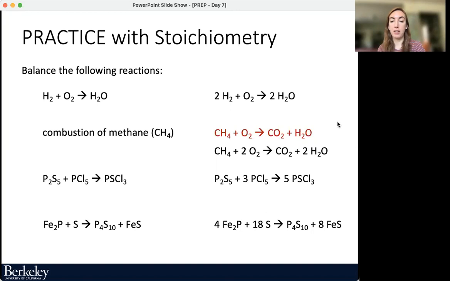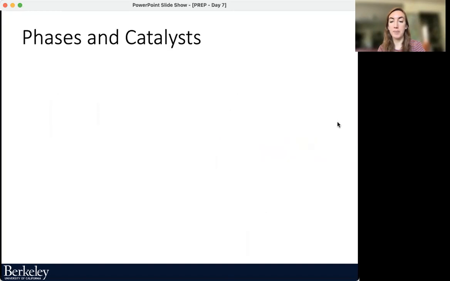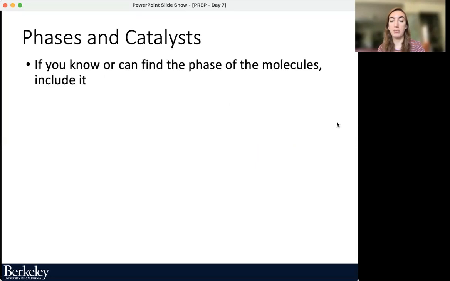The couple other things I wanted to talk about today. So if you know the phase of the molecules, so solid, liquid, gas, you should include it. So for example, P2S5 is a solid, PCl5 is a solid, and PSCl3 is a gas. So you wouldn't be expected to just know off the top of your head that P2S5 is a solid.